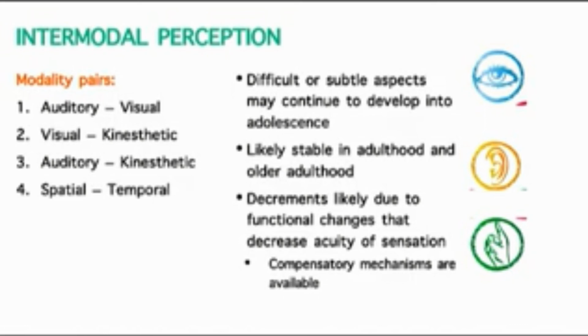If we have a decrease in acuity, then we have deficits in the system as a whole. Okay, and that's all I have for you guys on perception and sensation. It is a lot, but in the next video, we're going to relate all of this information to how we translate perception into action.